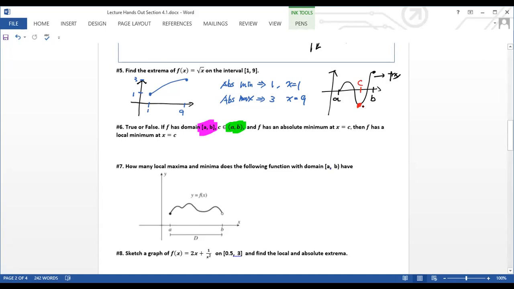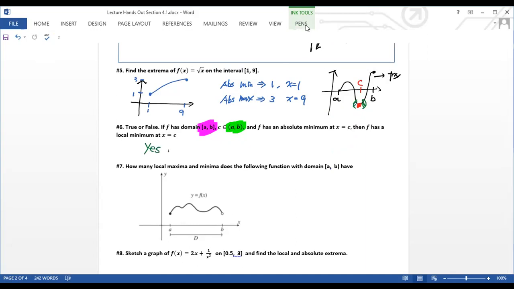Is this also a local minimum? We say yes. Why? Because I only care about the small area surrounding it. That's why c has to be inside this interval. So this answer is yes.